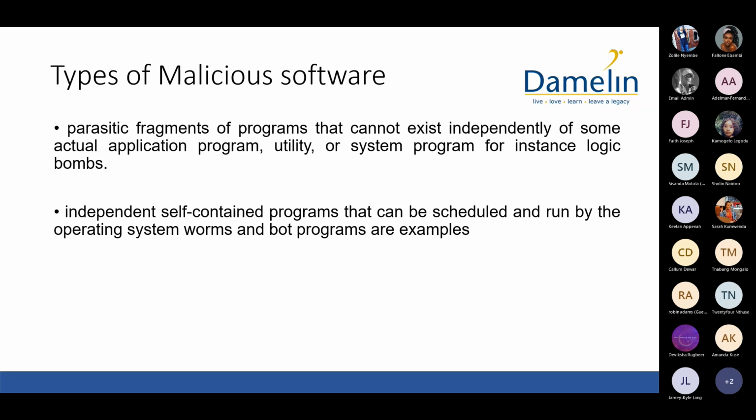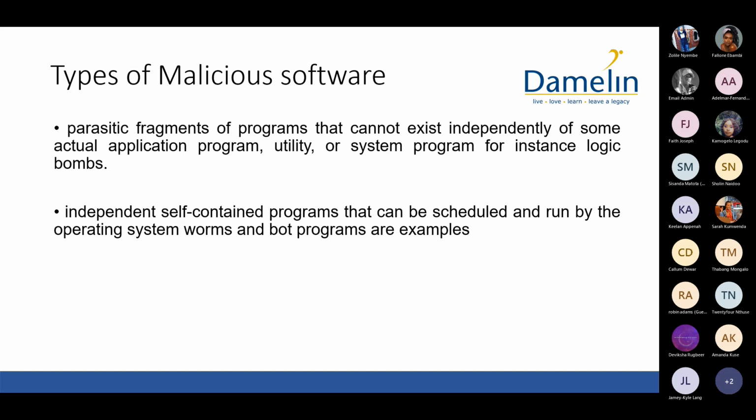Types of malicious software. So we have parasitic: fragments of programs that cannot exist independently of some actual application program, utility, or system program. For instance, a logic bomb. Then we have independent malware: self-contained programs that can be scheduled and run by the operating system, worms and bot programs for example.